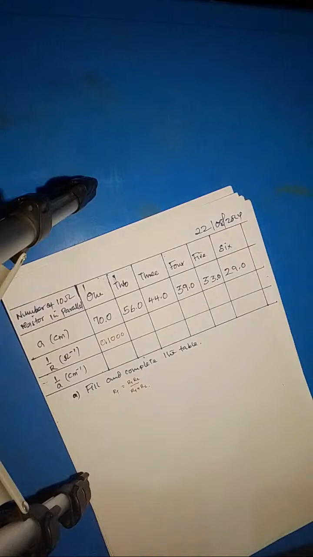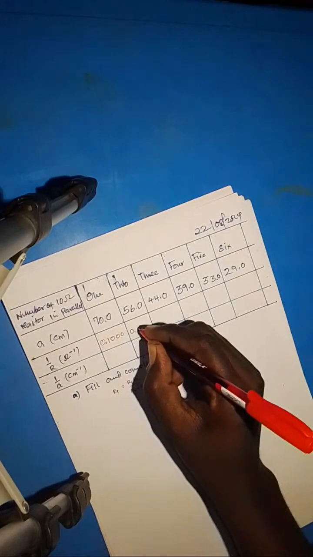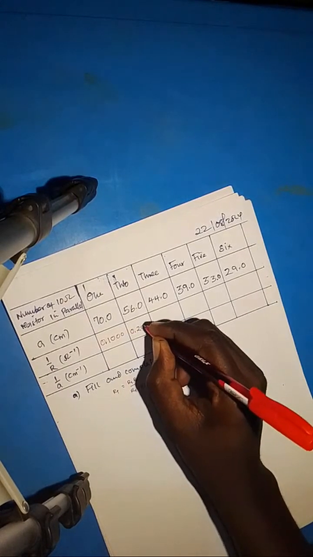And this translates to us that it is 100 divided by 20, which will give us 5. Now, the inverse of the answer will be 0.2000 in that manner.